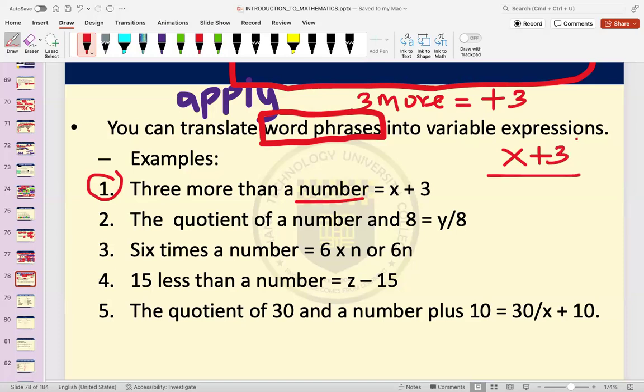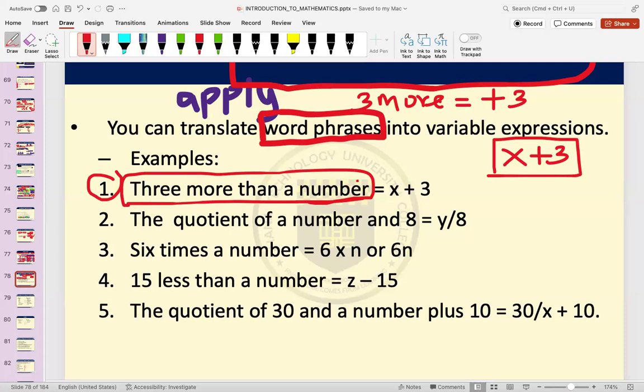This is how we can use just this one letter and then one number to represent this sentence we have constructed here. So this is a representation of 3 more than a number.